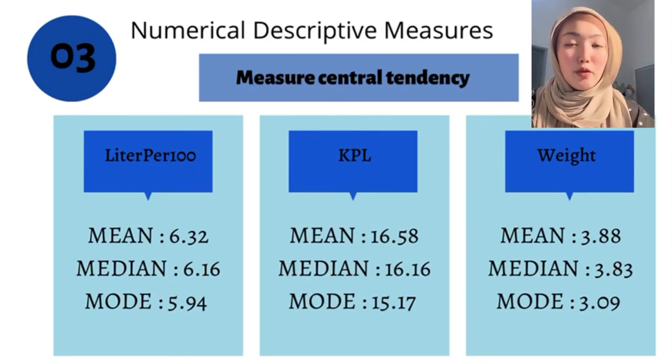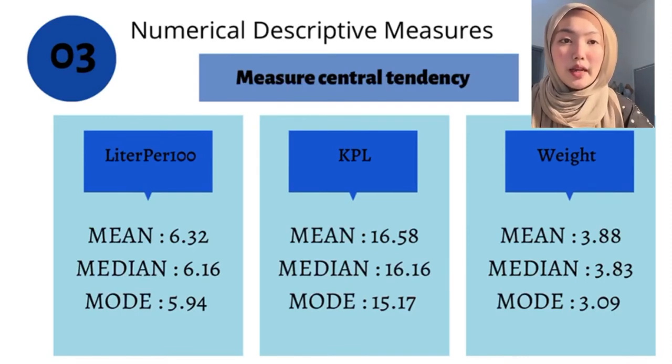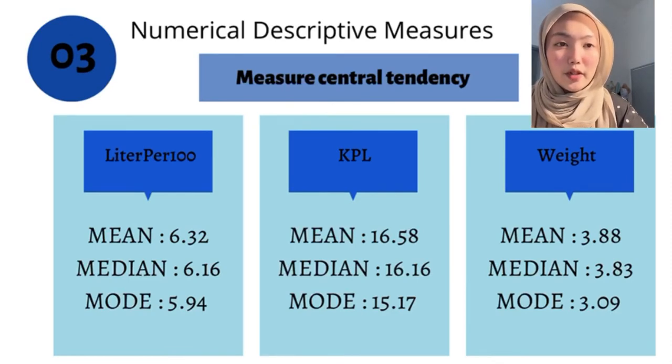For liter per 100, we found the mean is 6.32, median 6.16, and mode 5.94. For KPL, the mean is 16.58, median 16.16, and mode 15.17. And lastly is weight. The mean is 3.88, median 3.83, and mode 3.09.